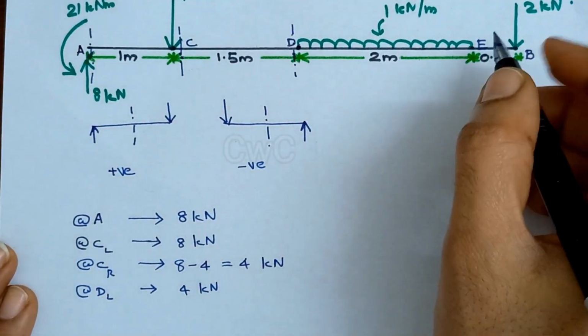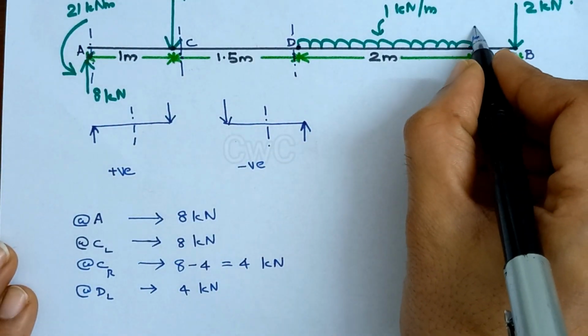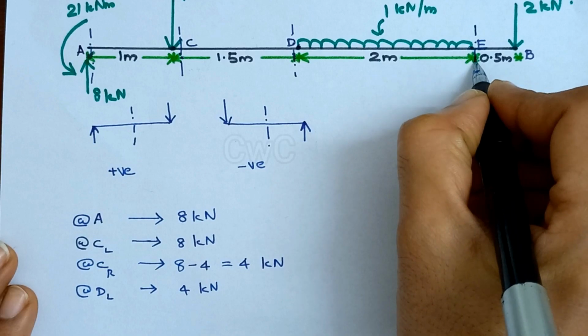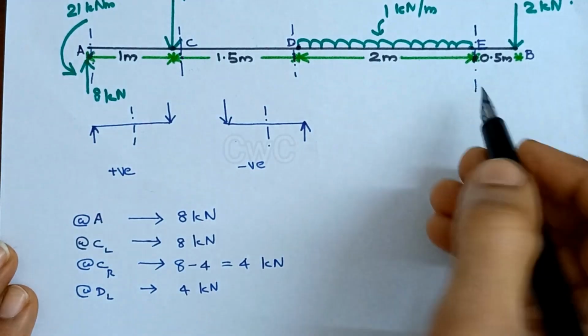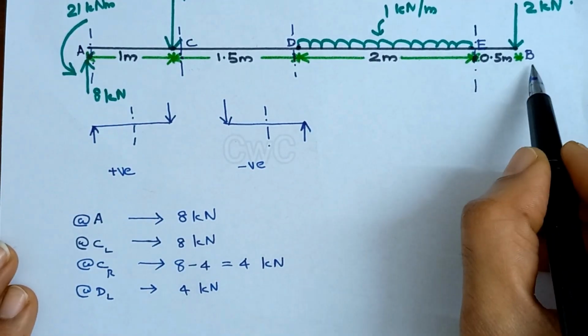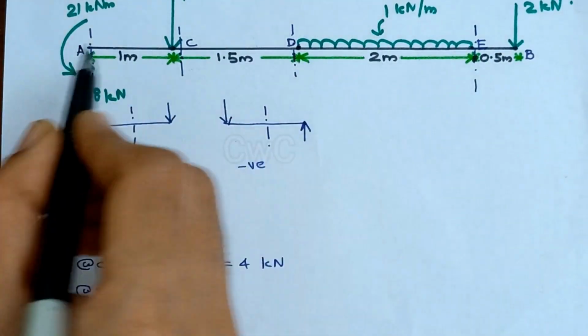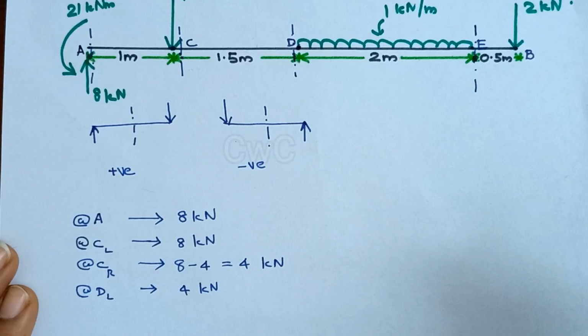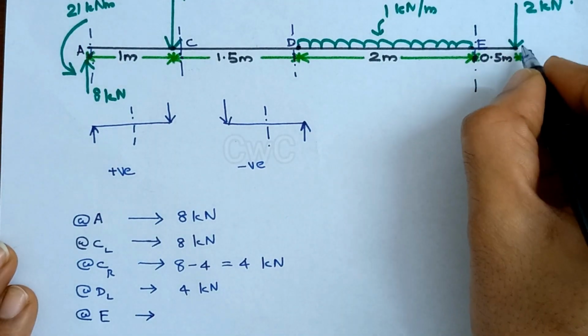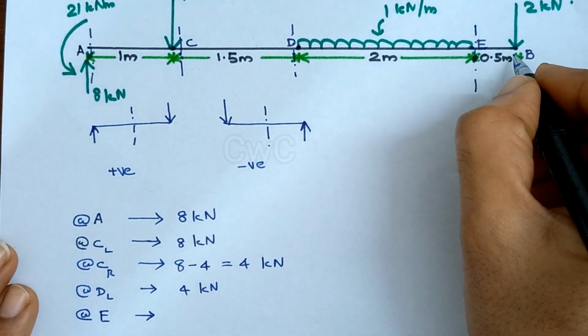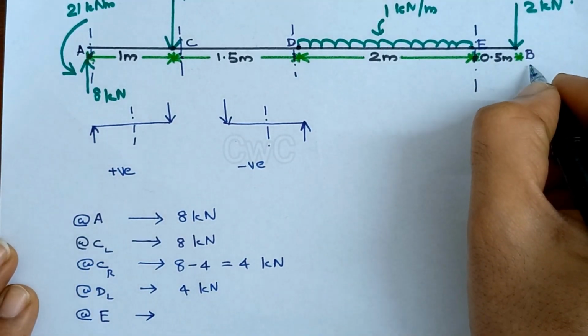Now let's calculate at E. So for calculating shear at E we can consider right of the section because there is only one force and here we have three forces. So better to consider this side. So at E we have downward force of 2 kilonewton at the right of the section.